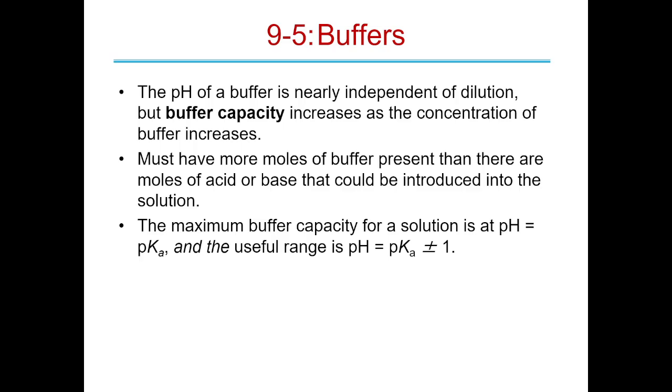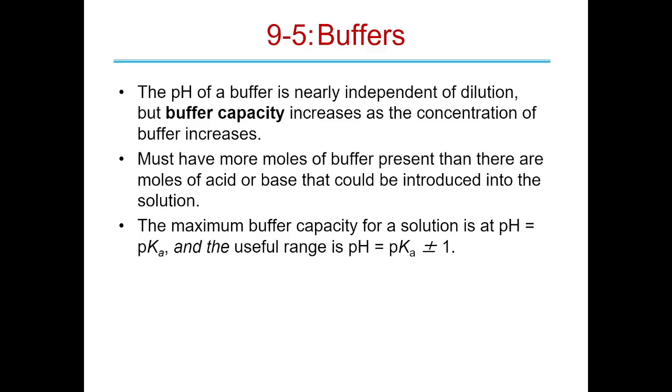I've essentially used my buffer up on one side. Okay? And that means it's not a useful buffer, is it? Because if my pH is higher than my pKa, and I put in a single more drop of base, it's going to shoot up a unit of pH, isn't it? It won't matter. I won't have a useful buffer, will I?